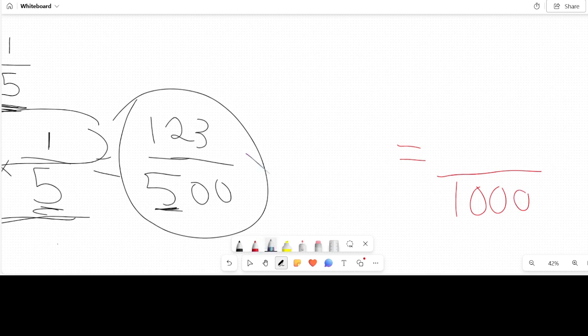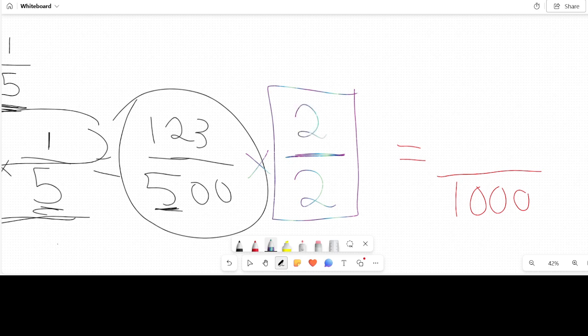Now, since I'm renaming, I'm going to go ahead and multiply my denominator by 2, and then since it's renaming and we want to make sure our value stays the same, whatever I do to my denominator, I must do to my numerator. So I'm also going to multiply my numerator by 2. 123 times 2 is 246. 246 thousandths.